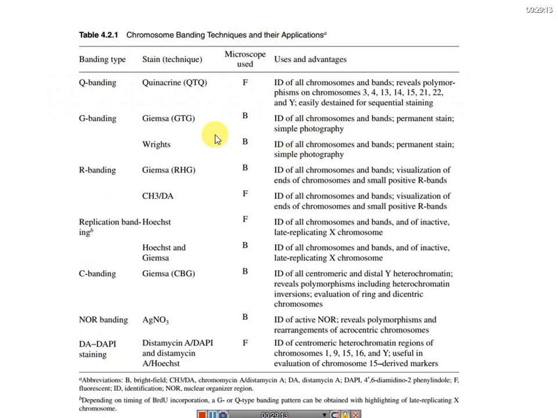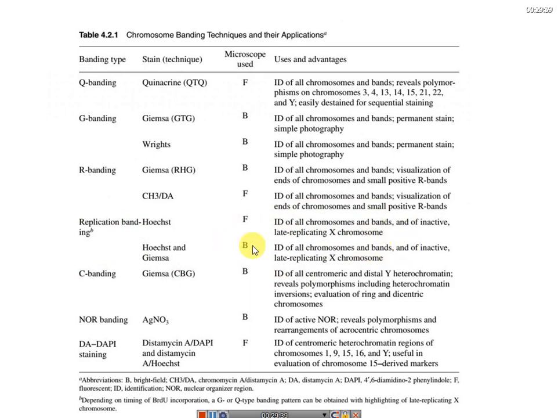And some techniques are specific for studying certain chromosomes, like Q banding reveals the polymorphism on chromosomes 3, 4, 13, 14, 15, 21, 22, and Y. In replication banding, the replicating X chromosome can be studied.